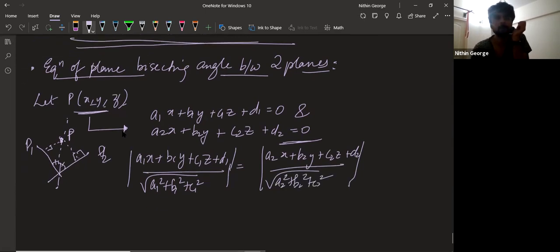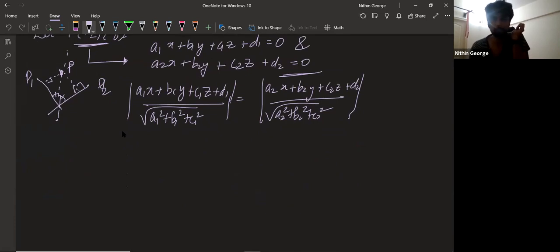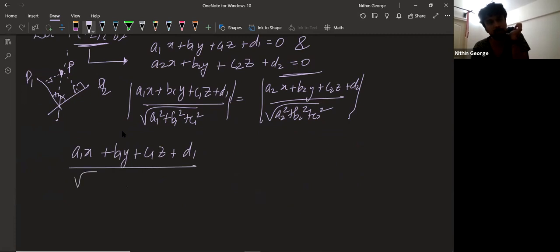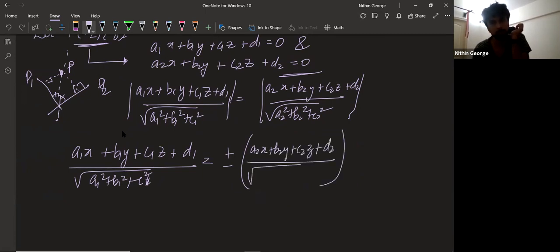When we remove the modulus, I get the first expression equal to plus or minus the second. So you get the equations of two different planes here.